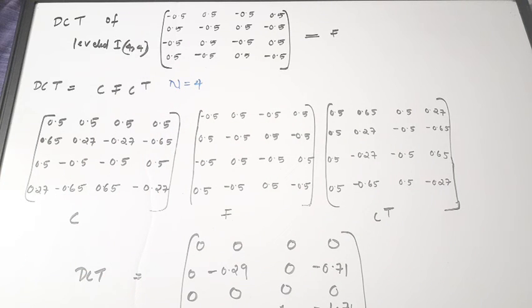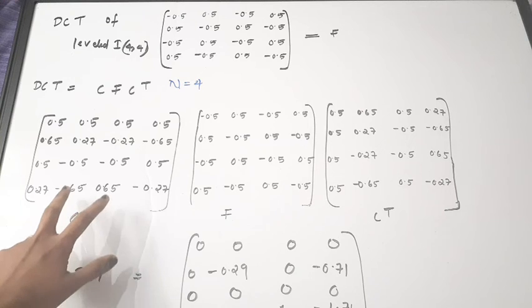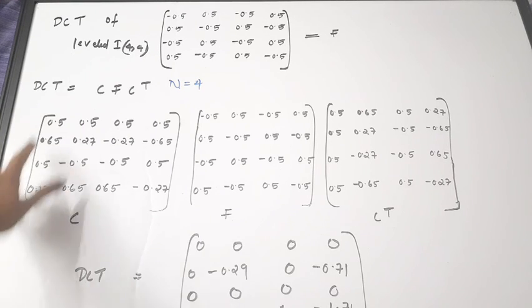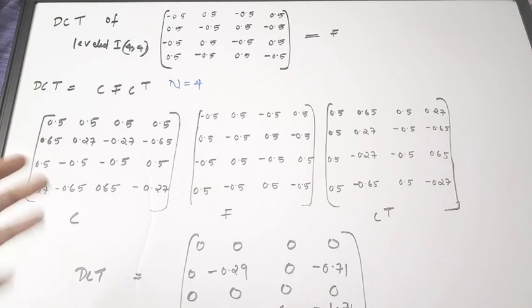So you have to first form the DCT matrix. We have just now formed the DCT matrix C, given by the variable C, and it will be of this form. We have just now discussed how this matrix can be studied and what it looks like.